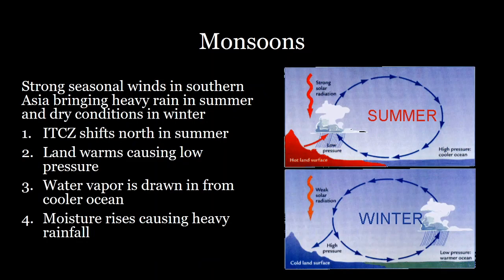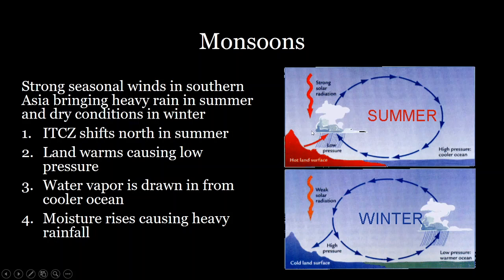So first off, in order to have a summertime monsoon with heavy rain, the ITCZ is going to shift northwards as the sun predominantly is hitting the Earth in more northerly areas. And as that ITCZ moves north, then you have the land warming up as well.